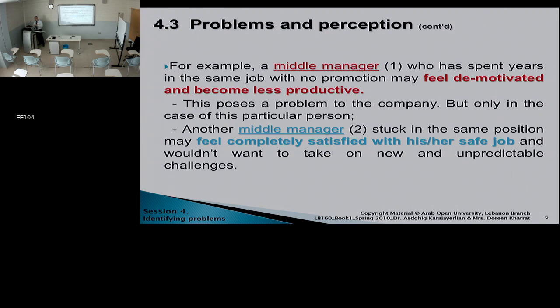We discussed STEEPLE analysis. We said that it has 7 elements: sociological, technological, economical, environmental, legal, political, and ethical. And we said that we focus on 4. If you have this question, carry out a STEEP analysis, you need to place it in the business.